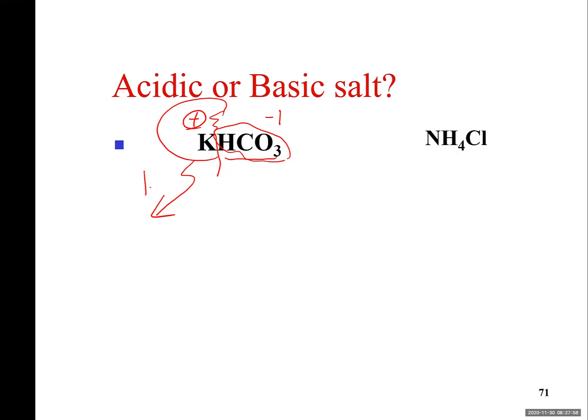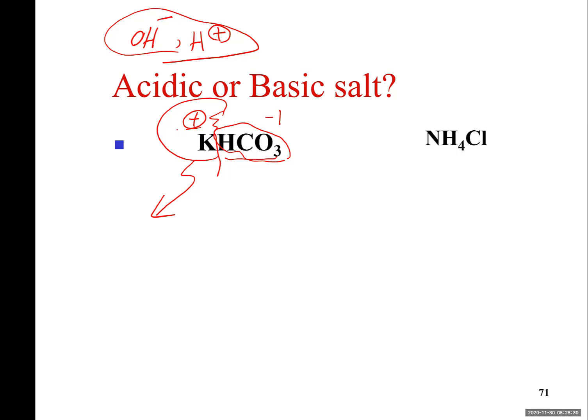Can I add H plus to K plus? Don't they repel each other? We know opposites attract. So I have two ions of water. What are the ions of water? OH minus and H plus. And I want to add water to the salt to reverse engineer and see what are the acid and base which make this salt.